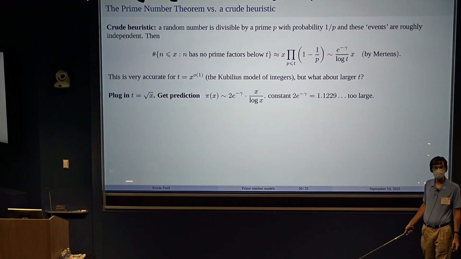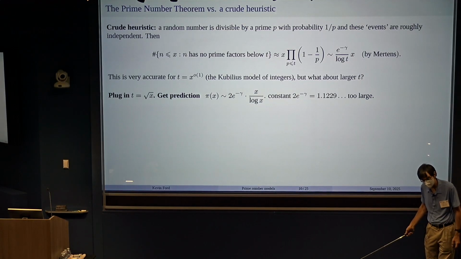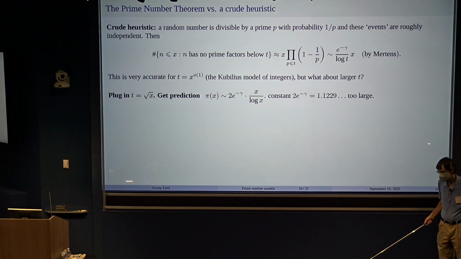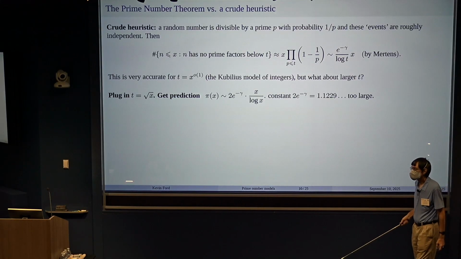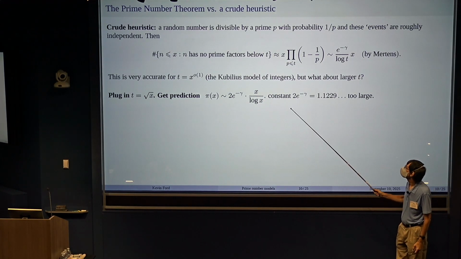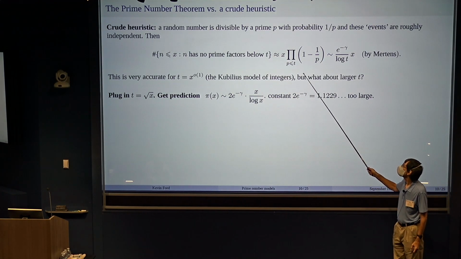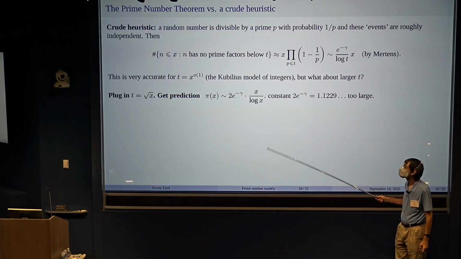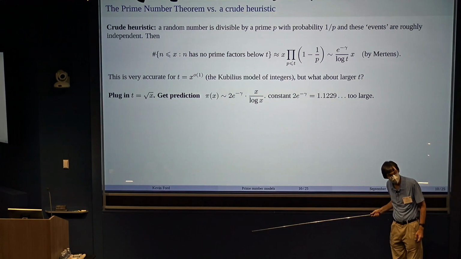Okay, 2e to the minus gamma is not equal to 1. It's a little bit larger than 1. So that indicates that there's something going on here, and what's going on is that when the primes are large, they do not behave independently.